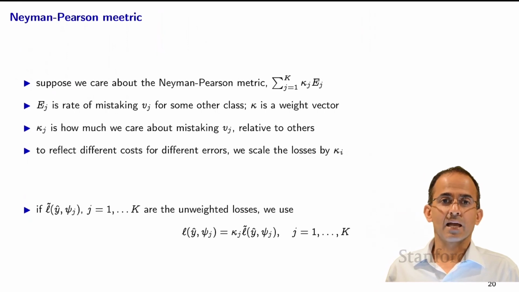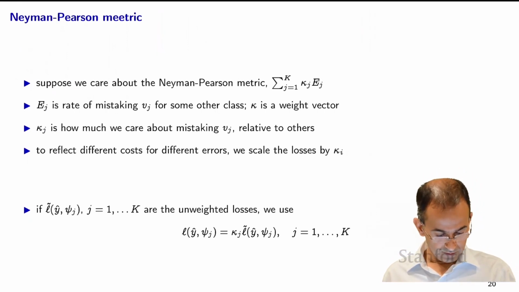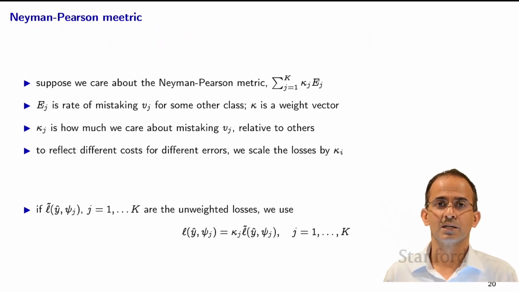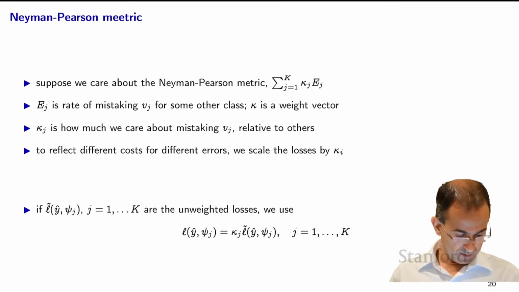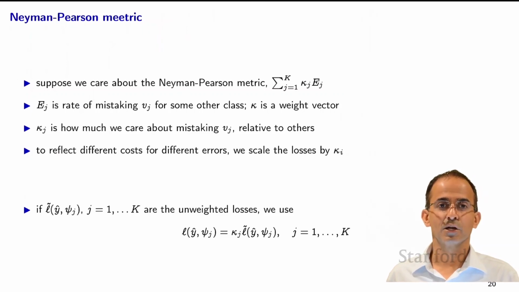And what we do is we scale the losses by kappa. So suppose we have loss functions. We've seen already the square loss, which we'll call L tilde of y hat, psi j, for example.